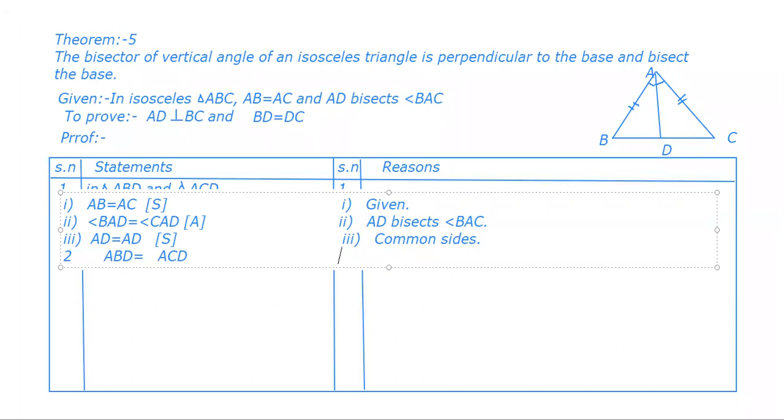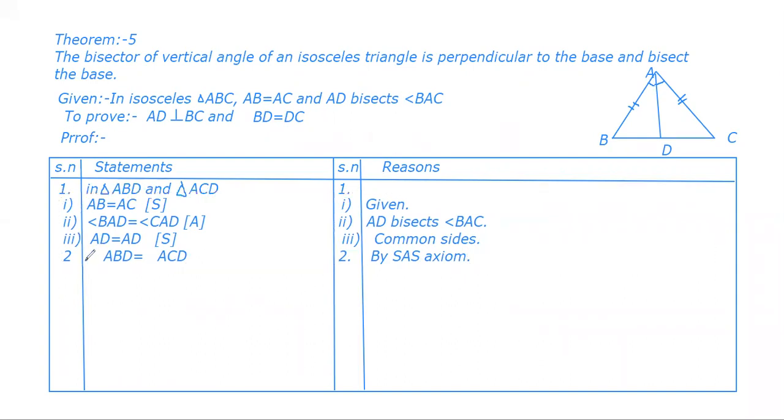By which axiom? By SAS axiom. Triangle ABD is congruent to triangle ACD by SAS axiom.